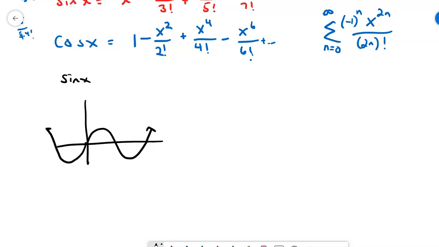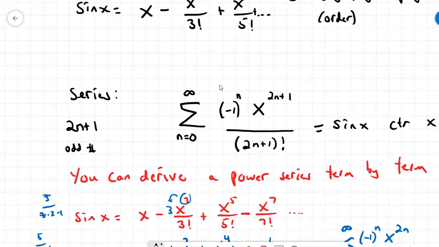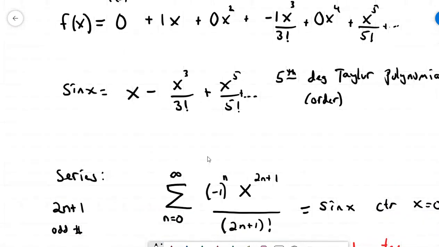So a graph with a 180-degree rotation we labeled as an odd function. When we made our Taylor polynomial for sine x, didn't sine x have only odd terms in it? So it turns out that those two things are very much related. An odd function produced odd exponents in our Taylor polynomial.